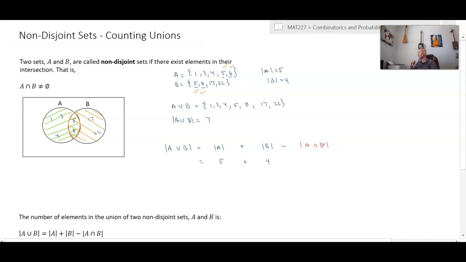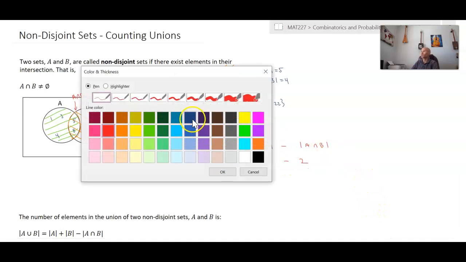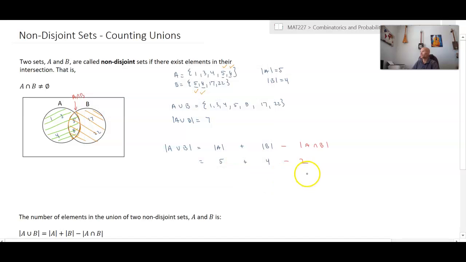On first sight, this may seem like we're removing something that we shouldn't remove, but remember, the elements in the intersection between A and B got counted twice, so if I remove them once, then I've only accounted for them 1 time. So if I take 5 plus 4, the number of elements in A and the number of elements in B, minus the double count, I get 5 plus 4 minus 2, which is 7.